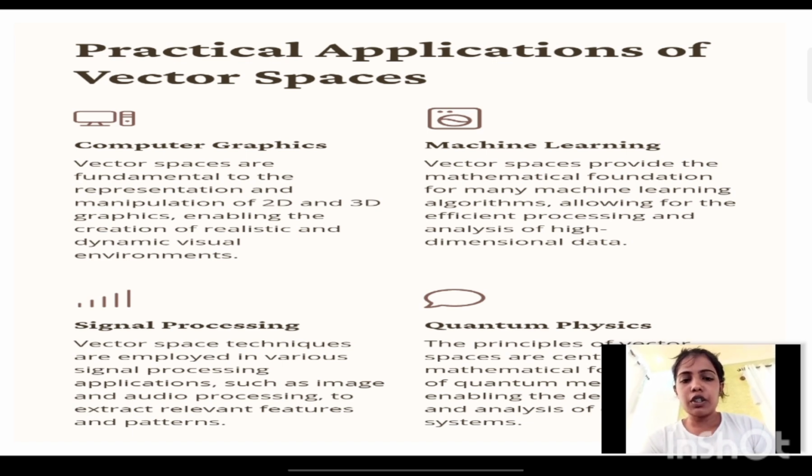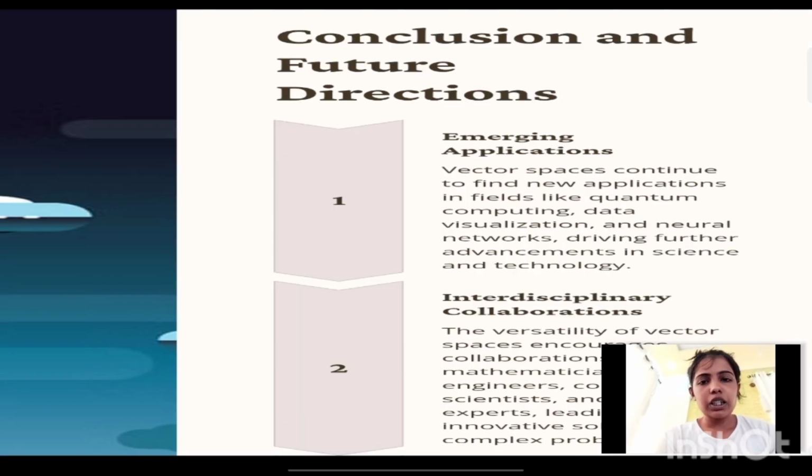Machine learning: vector spaces provide the mathematical foundation for many machine learning algorithms, allowing for efficient processing and analysis of higher-dimensional data. Signal processing: vector space techniques are employed in applications such as image and audio processing to extract features and patterns. Quantum mechanics: the vector space and its mathematics are central.